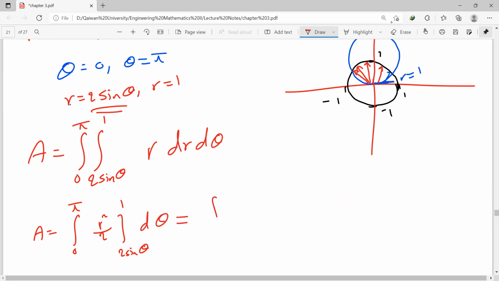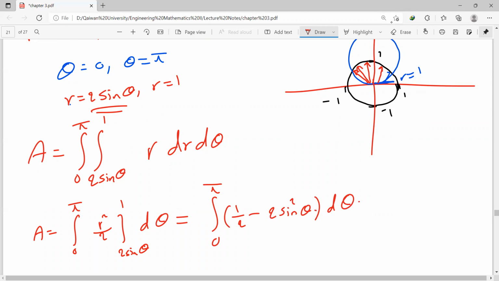It equals the integration from 0 to pi of 1 over 2 minus 2 sine theta squared over 2, which is 2 sine squared of theta. If we square the 2 and the sine function, we get 4 over 2, which is 2.